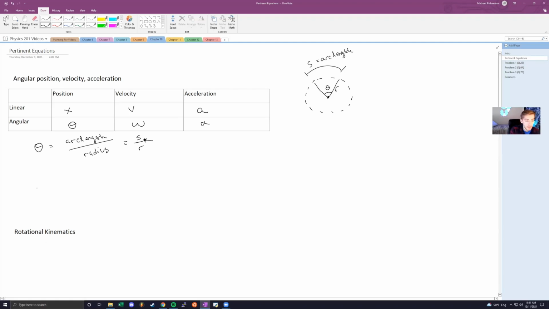Something else we want to define is our omega. Really similar to velocity, this is going to be the change in our position, in this case, our angular position, divided by the time it takes to do that. And what we're going to find is that this is going to have units of radians per second. Now, a radian, if you are not familiar with it, is a unitless quantity. So if you see a problem that's giving you the actual units of it, you might not necessarily see radians per second.